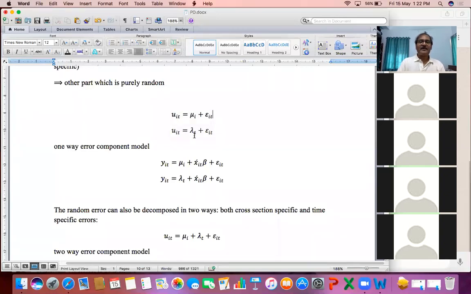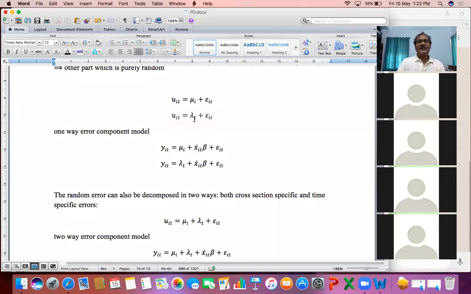Okay. In the second formulation, we are considering the unobserved heterogeneity over time. When will this kind of model be applicable? Suppose we are estimating a production function, a Cobb-Douglas kind of production function. Y is the dependent variable, and X incorporates labor, capital, etc. Along with labor and capital, there are so many factors that can affect the level of production of a factory unit. One important factor relates to technological development.